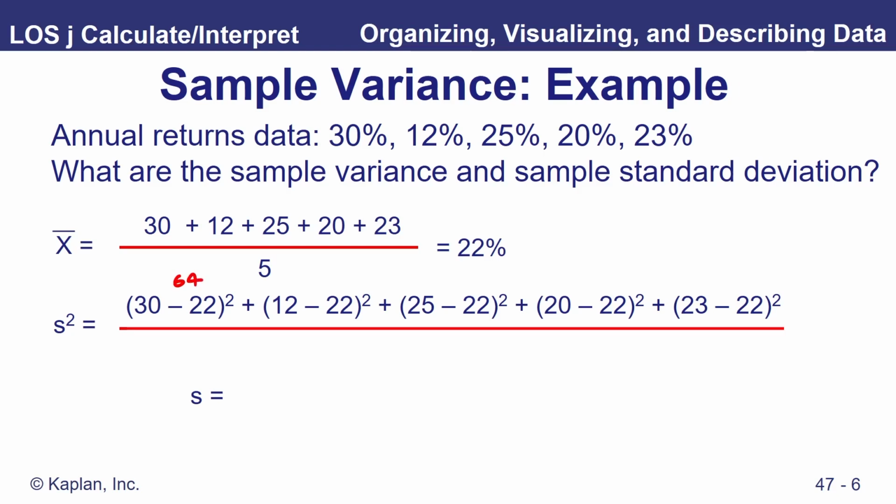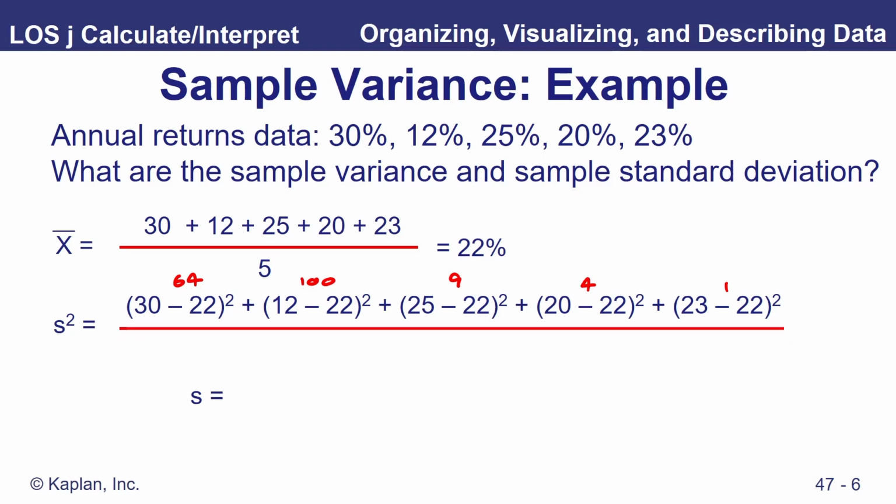We're going to square that. Gives us positive 100. 25 minus 22 gives us plus 3. Square that. That's 9. 20 minus 22 is minus 2. Square that. Plus 4. And 23 minus 22 is 1. Square of 1 equals 1. So our numerator now adds up to 64 plus 100 plus 9 plus 4 plus 1, which adds up to 178.